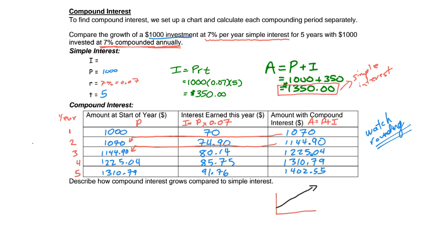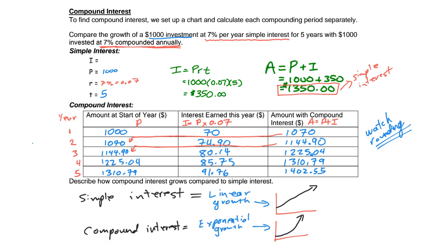And the other one is going to look like this. Looks very similar to something that we took a look at a long time ago, right? In this case, the simple interest is linear growth, and the compound interest is exponential growth.